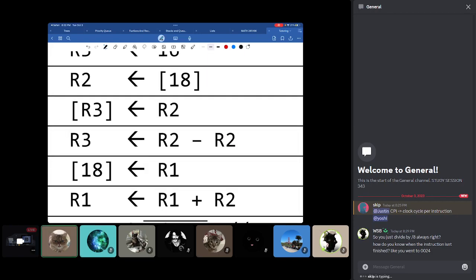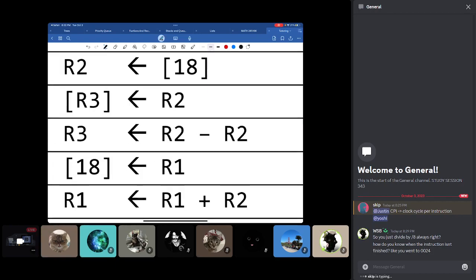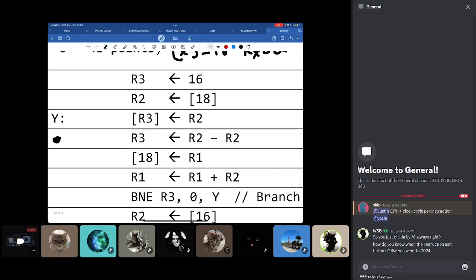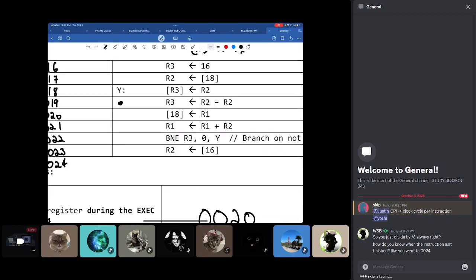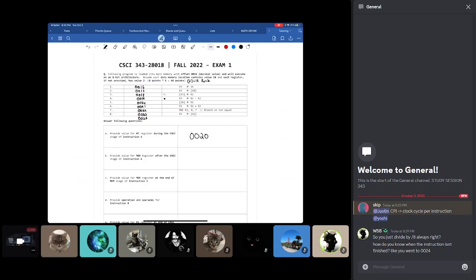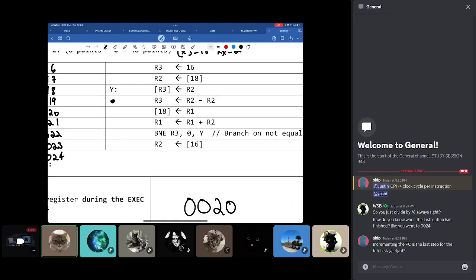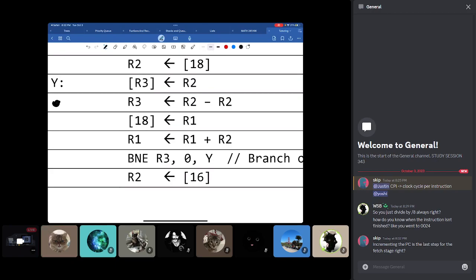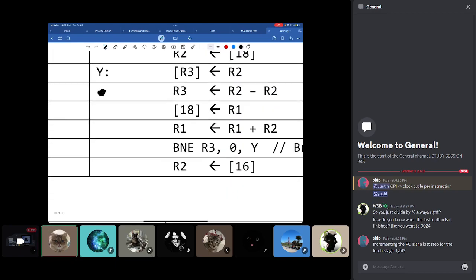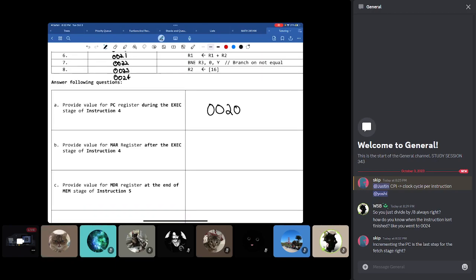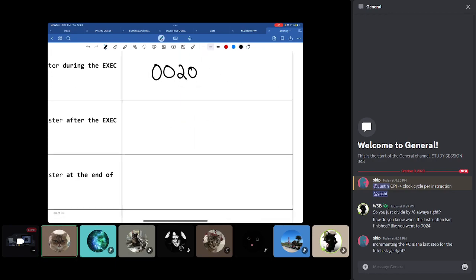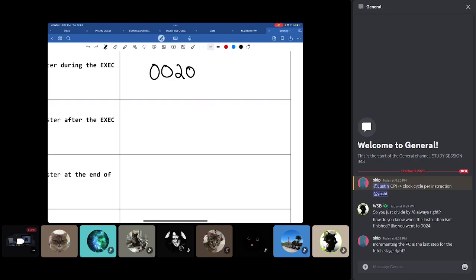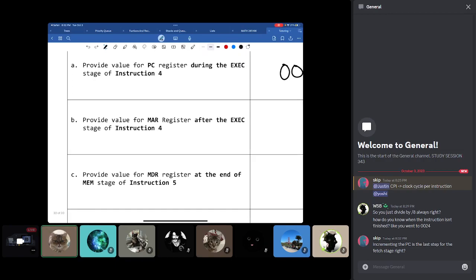It's doing R2 minus R2, right? We already know R2 minus R2 is just going to be 0. But again, this is an R type, so it has nothing to do with MAR in the first place. It kind of tries to do a trick question here where you might think, oh, it's MDR, that's going to be 0. We're not messing with that.